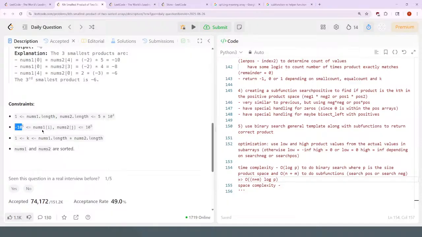I guess the lengths are on the order of 5 times 10 to the 4th, but the values themselves are from 10 to the 5th to negative 10 to the 5th.